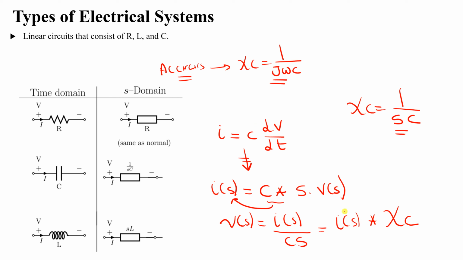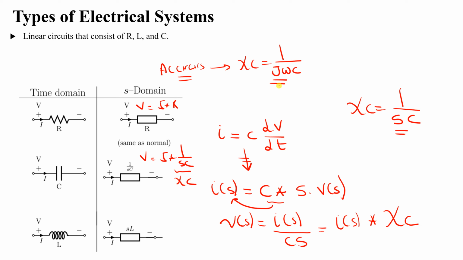Why? Because you can see current multiplied by a certain impedance or reactance. Now similarly to V equal to I multiplied by R, here V will be I multiplied by 1 over SC, which is our XC.